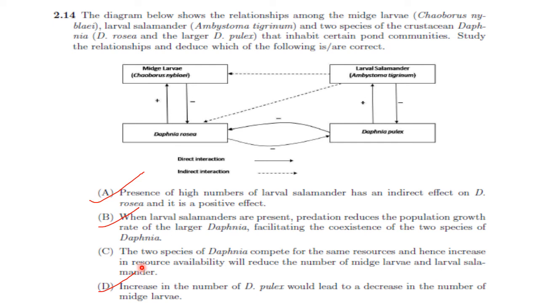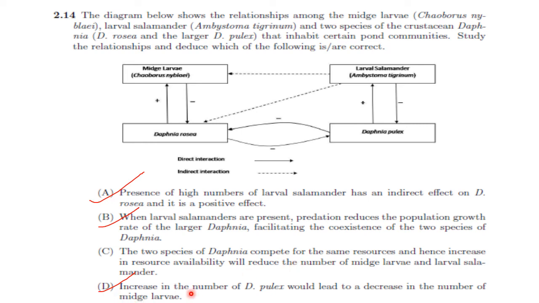So when the two species compete for the same resources, an increase in resource availability will increase the number of midge larvae and larval salamander, as both species of Daphnia have a positive effect on the population of midge larvae and larval salamander. So option C is wrong. It will not reduce the number of midge larvae and larval salamander. It will increase them.